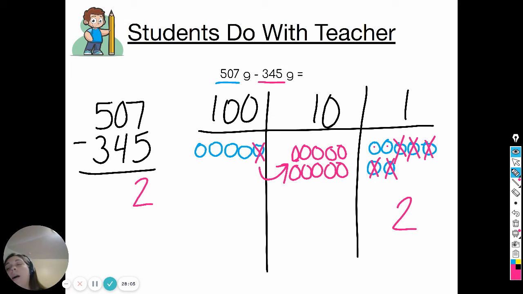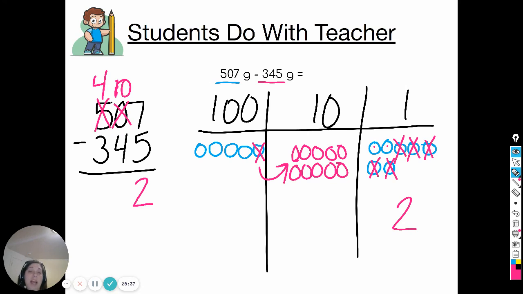Okay, so how that looks in our standard algorithm, we cross out our 5, we took 1 away, now we only have 4 left. We take that 1 that we took away and we're going to put it in front of our 0 that we already had. 1, 0. So now we have 10. If you look in the tens place, we have 10. So we're taking 1 away and putting that 1 in front of the tens place.